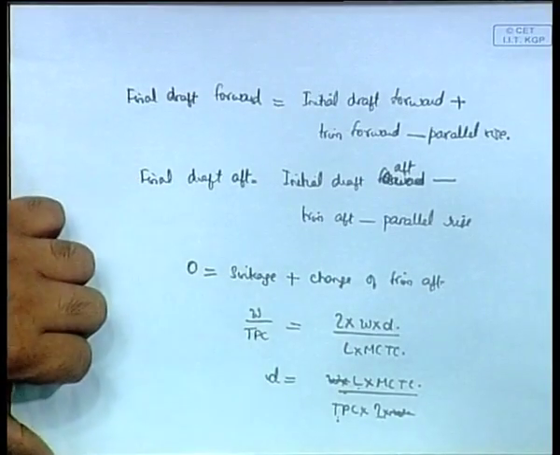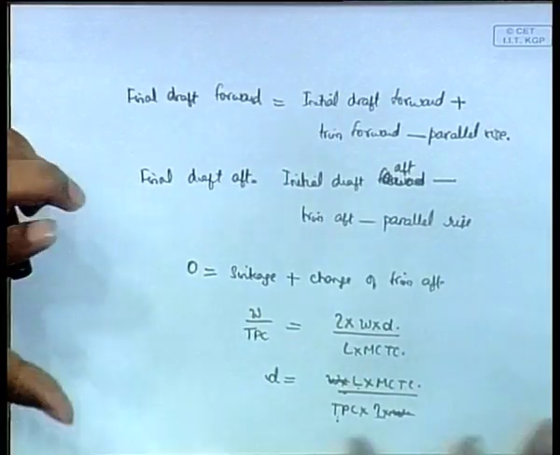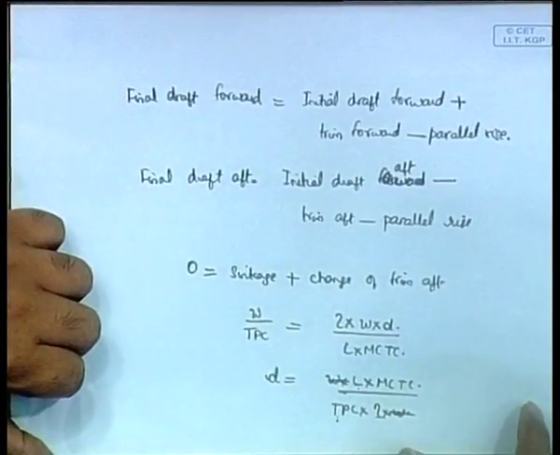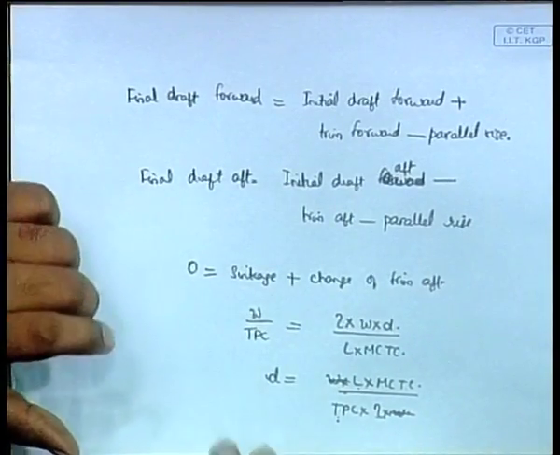So it is not that it can be, I guess it will always be there, there will always be a trim on the forward side, though the trim on the aft side is always 0. I mean it can be 0, and if it is 0 there will always be trim on the forward side. Yeah. But reverse can also happen, sir. What is reverse? Like trim in the forward is 0.